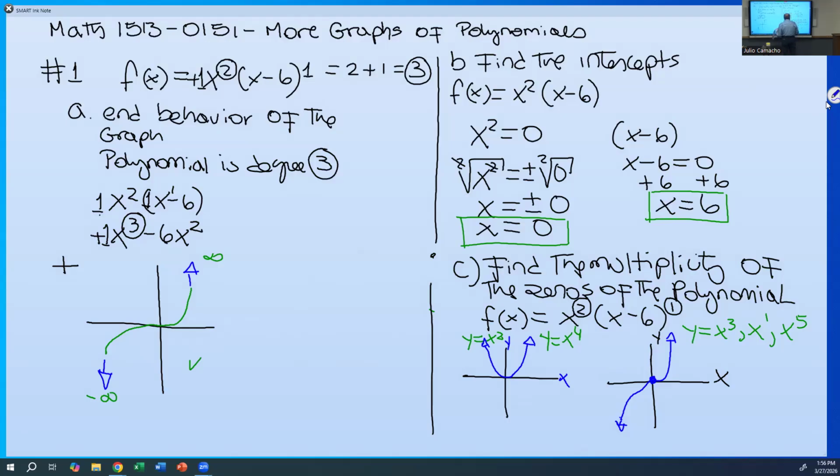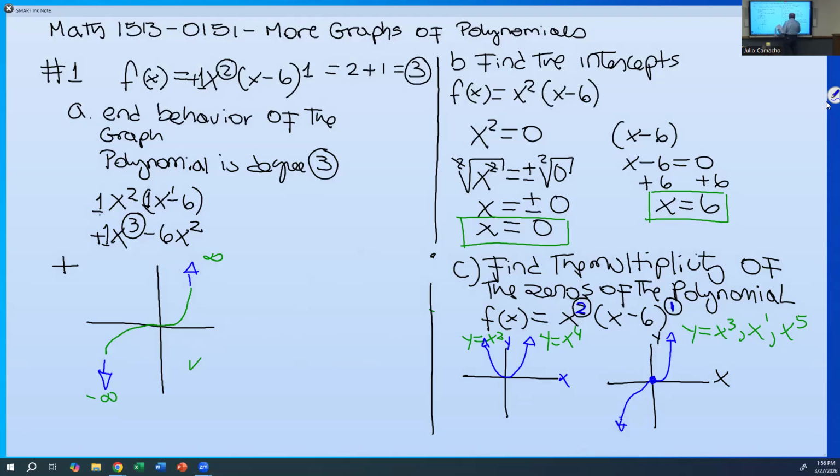We know that the even function is degree 2, and the first factor is a degree 2, and the second factor is a degree 1.